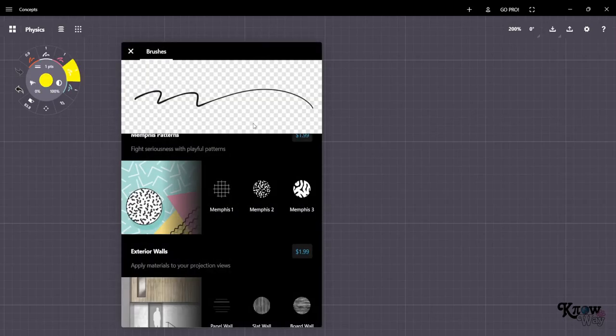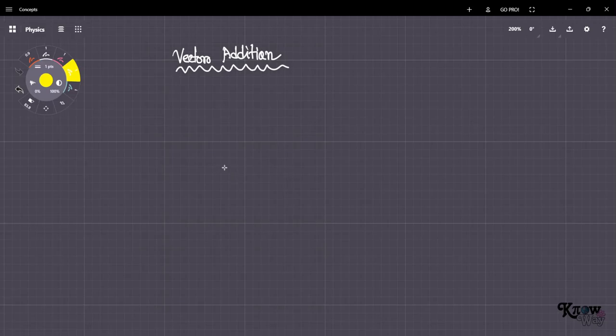Let's say I have two vectors, a vector A right over here and a vector B right over here. Now what I want to do is add those two vectors.